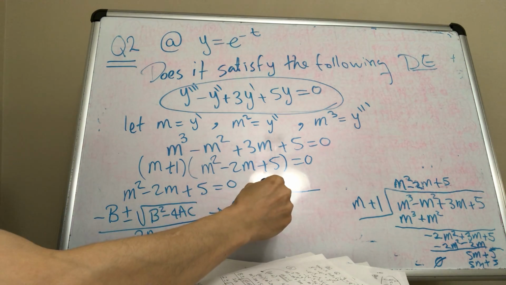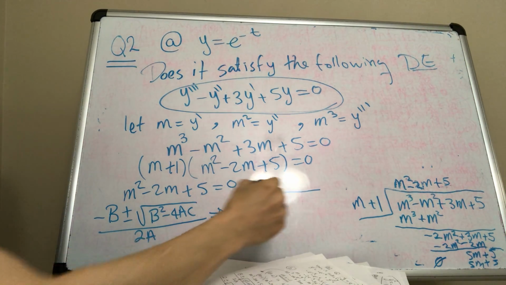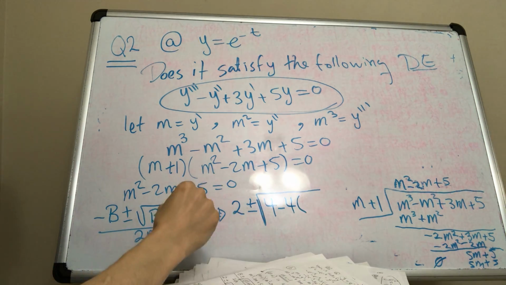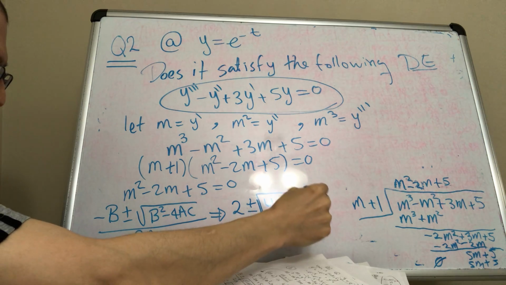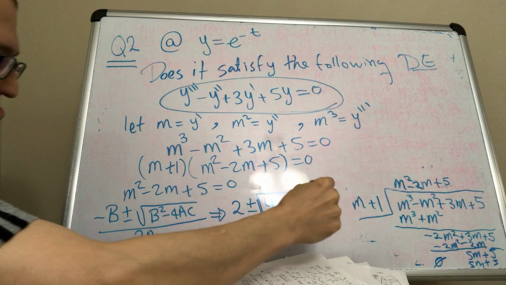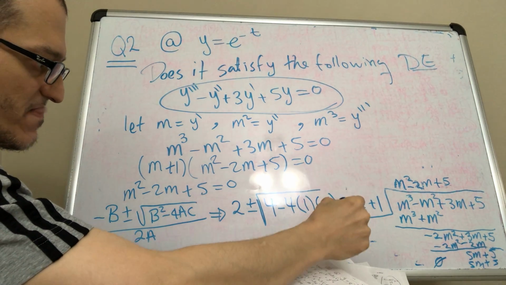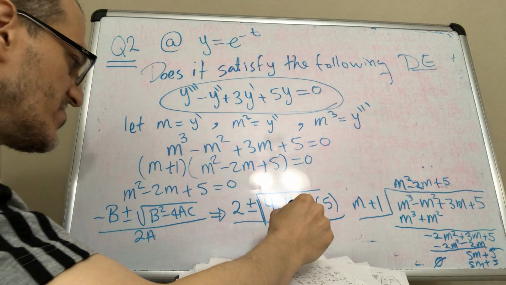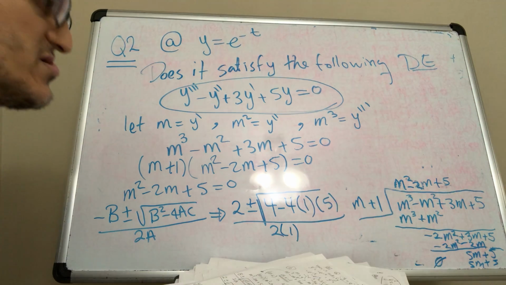Negative 2 squared is 4 minus 4 times a, which is 1, times c, which is 5. All of this over 2a, which is 2 times 1.